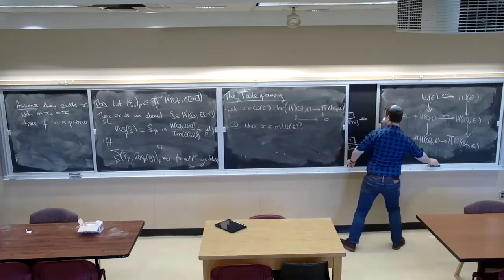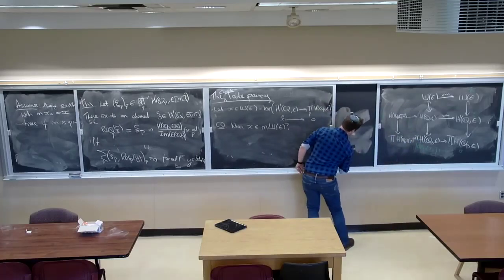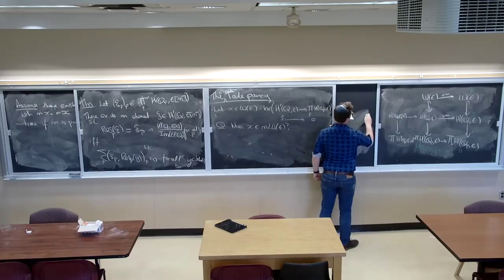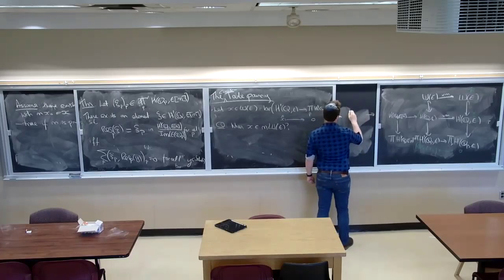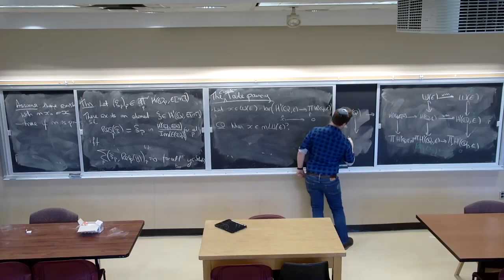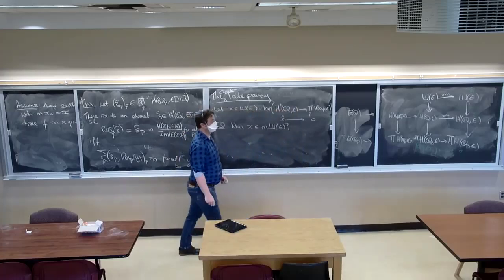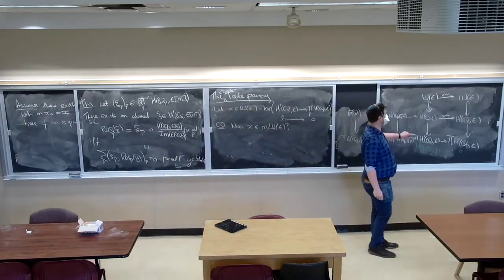I guess, almost. I can do one more layer. So this is going to be the rational points, and this is going to be all the local rational points. And there's some kernels.